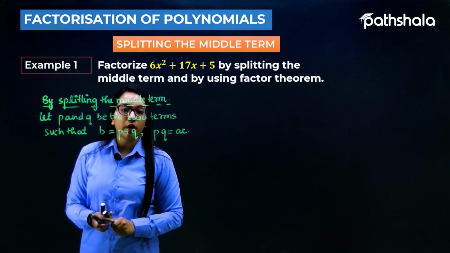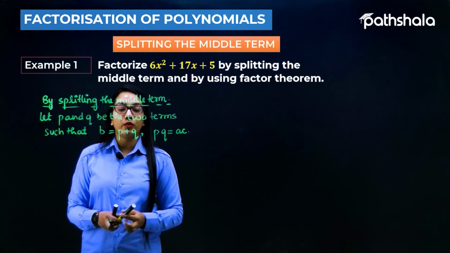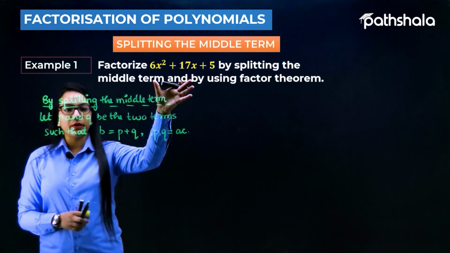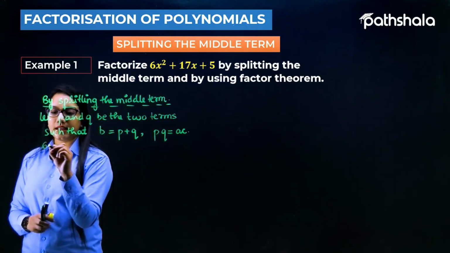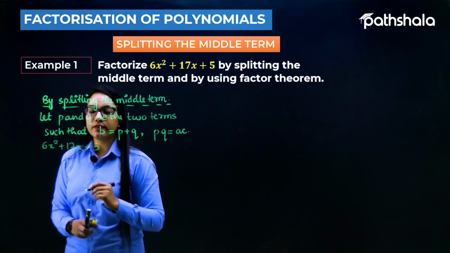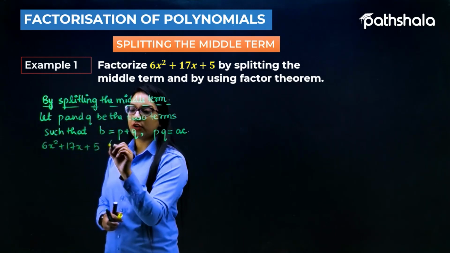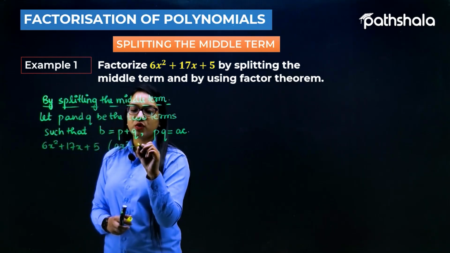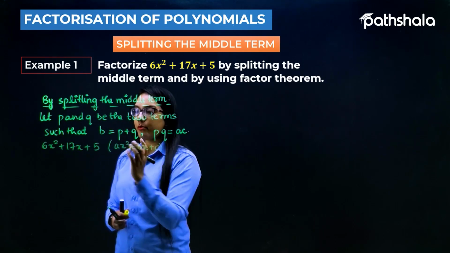So let us suppose we are talking about what A, B and C are over here. As we have the polynomial as 6x square plus 17x plus 5, let us take the general form as ax square plus bx plus c. Now compare both of these terms.